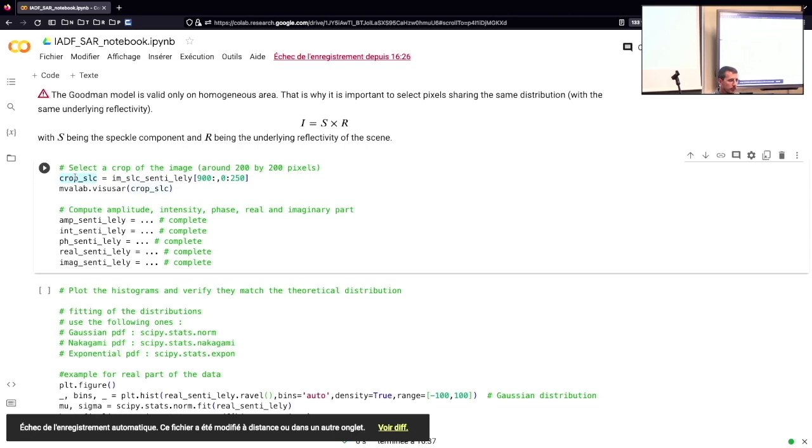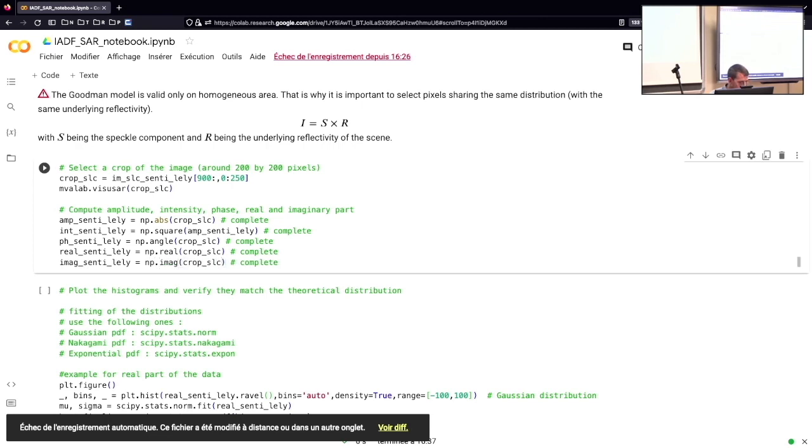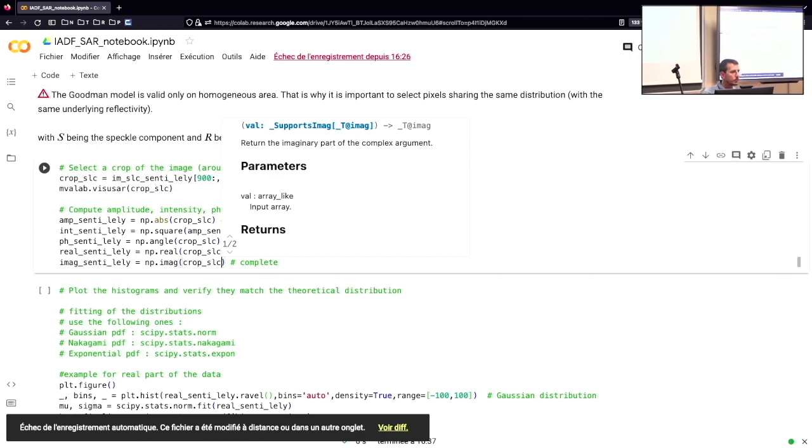So we will work with this crop, and we're going to select the different quantities and then plot the different distributions. There are pre-implemented functions to extract all the different quantities.